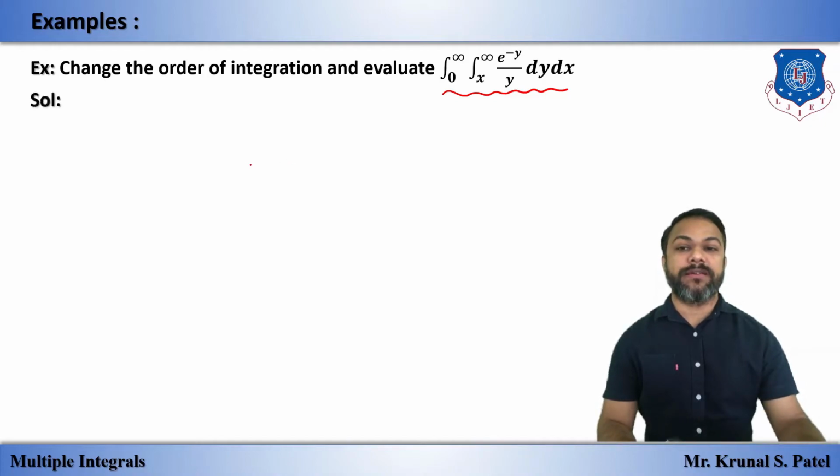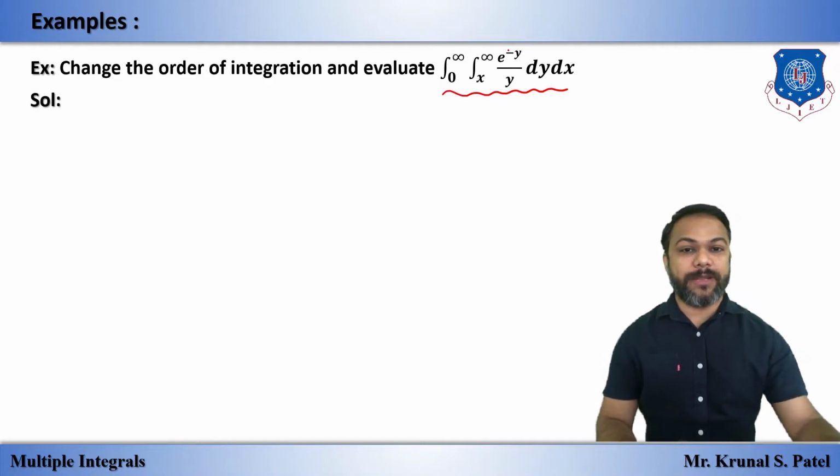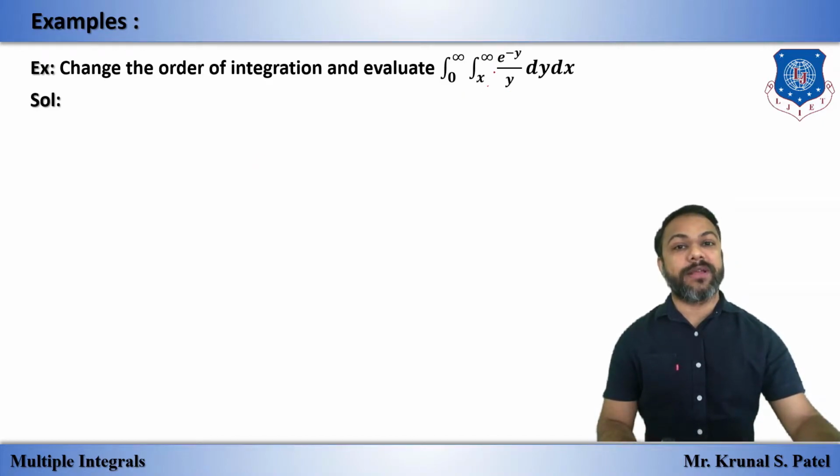Okay, so we have the solution. As I told, first we will write down the given limits. Before that, we check that the inside limit contains the variable x, so it is a limit of y.